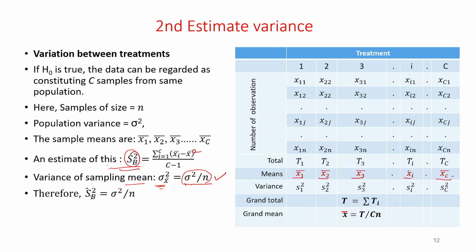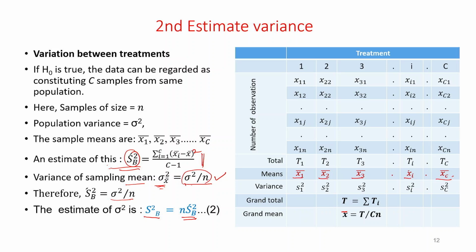So s dash squared b is sigma squared by n, and therefore a good estimate of sigma square is n into s dash squared b. We write that as s squared b, where s dash squared b is what is written here.